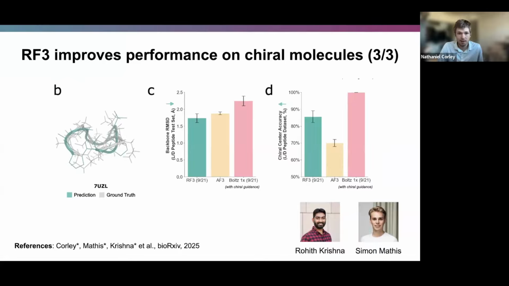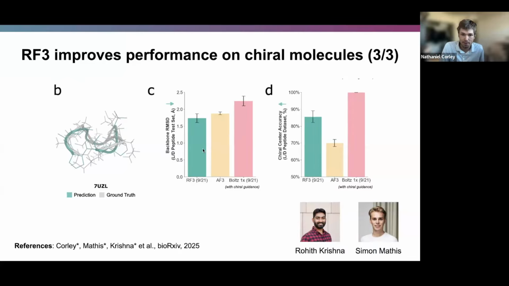In particular, mixed chirality macrocyclic peptides are interesting because they can bind diverse targets, but they also can be administered orally, which makes them exciting as a therapeutic modality. The models do quite poorly at predicting these mixed chirality L and D peptides, as you can imagine, but we found that with these augmentations we're able to significantly improve the performance.